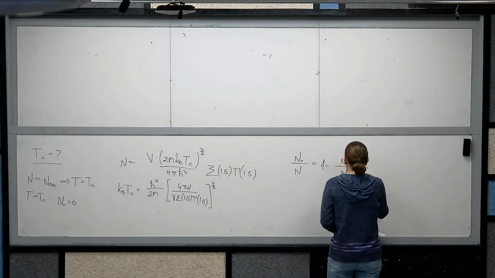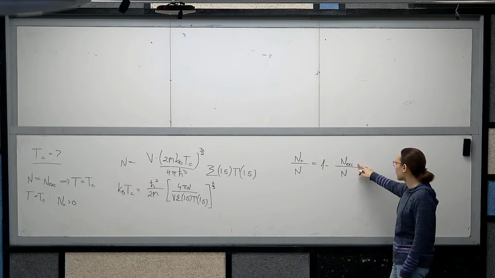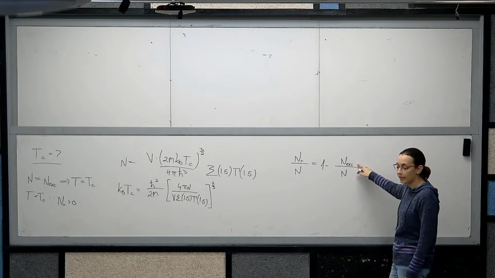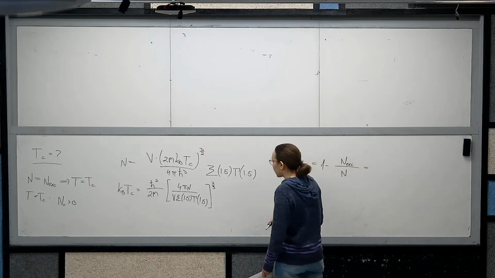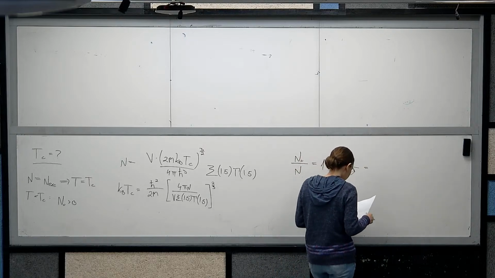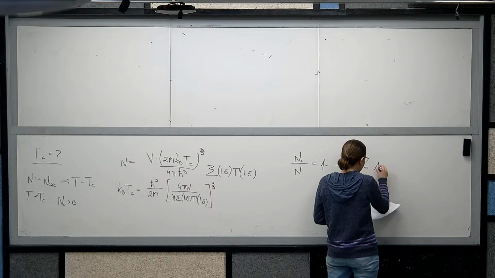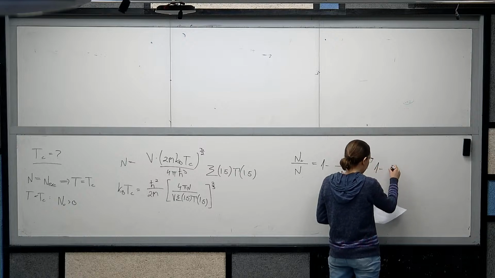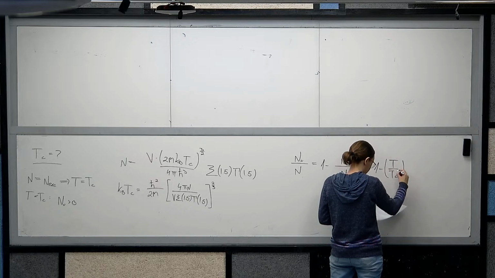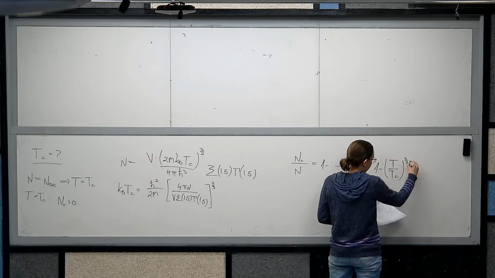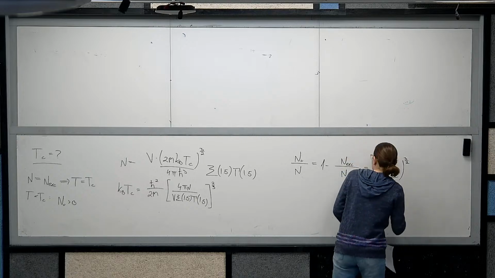And then we can write this value, the number of excited particles, using the critical temperature, and we get that this will equal 1 minus T over the critical temperature to the power of 3 over 2.